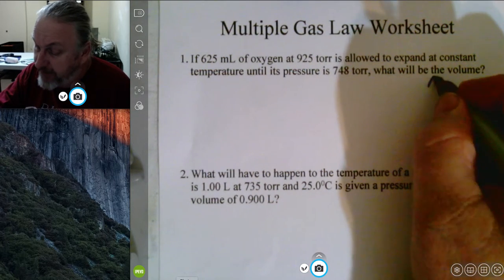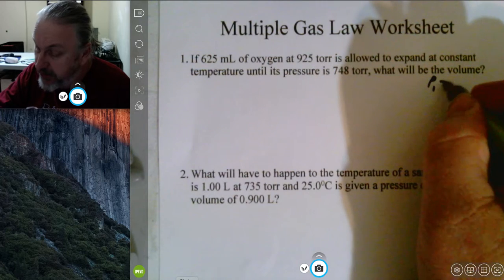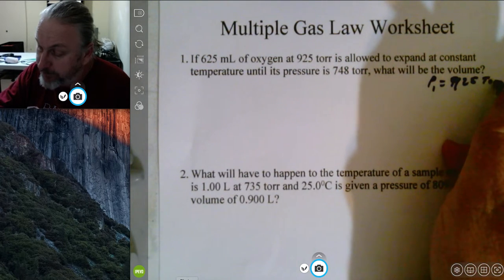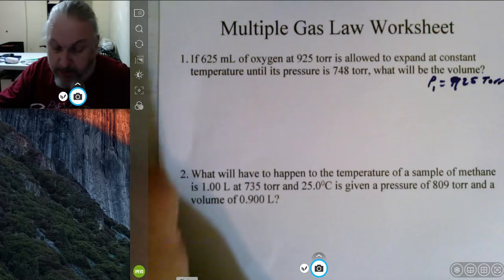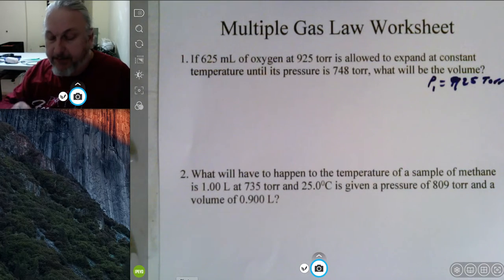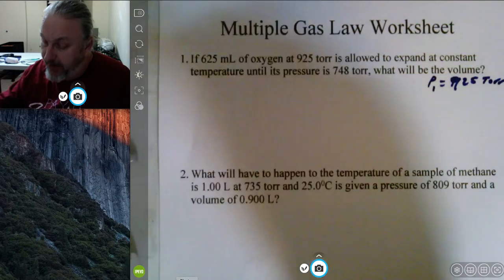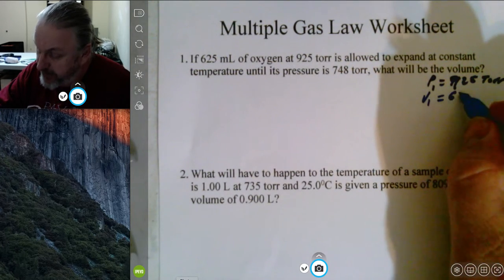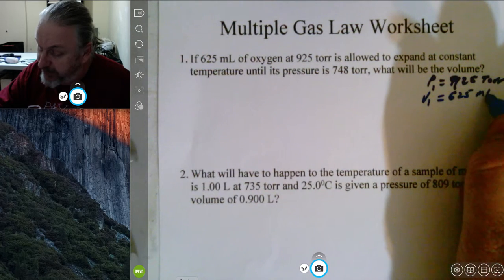I've got my first pressure, which is 925 torr. Again, that's one of the pressure units. And I've got a volume, so we're going to call that volume 1, 625 milliliters.